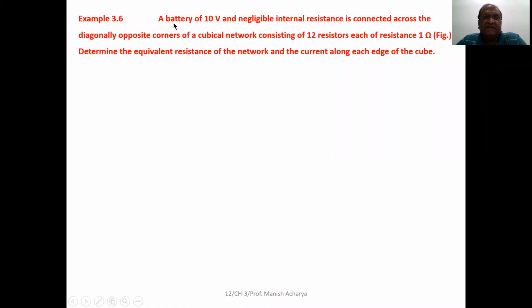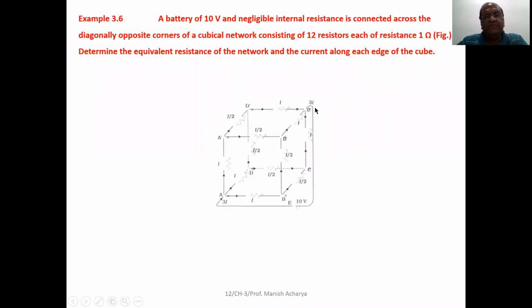Example 3.6. A battery of 10 volt and negligible internal resistance is connected across the diagonally opposite corners of a cubical network consisting of 12 resistors, each of resistance 1 ohm. Determine the equivalent resistance of the network and the current along each edge of the cube.